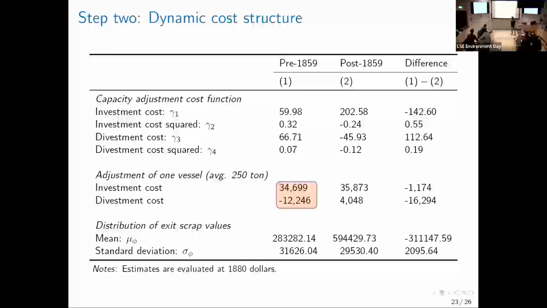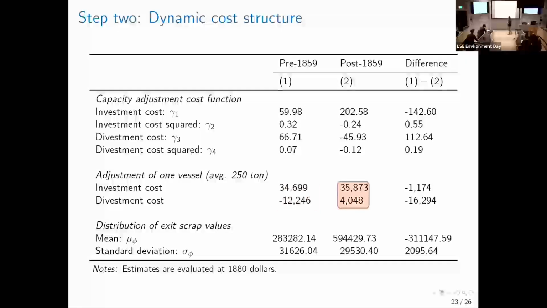So when they invest in a 250 tonnage vessel during the pre-period, they're going to pay around $34,000. However, when they divest, they are going to get only $12,000, which means there is a huge asymmetry in the cost structure. So the value of divestment is not equal to the investment value.